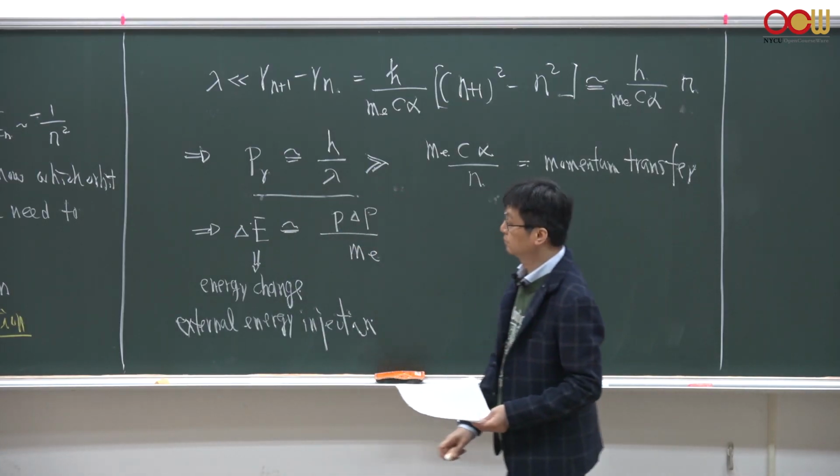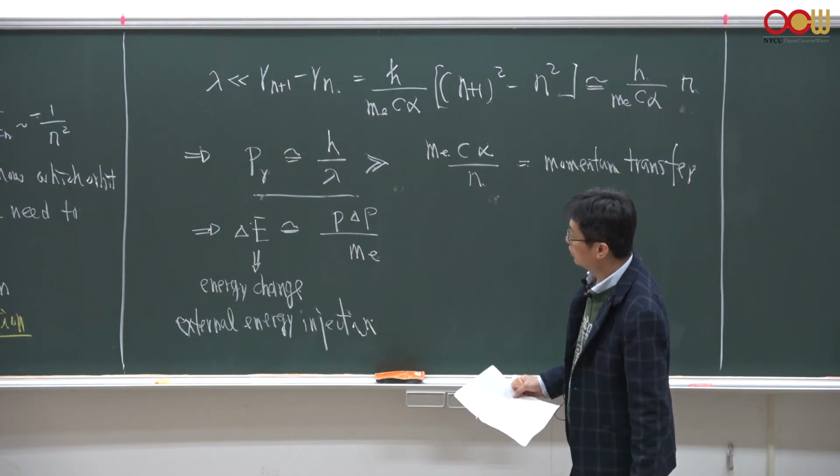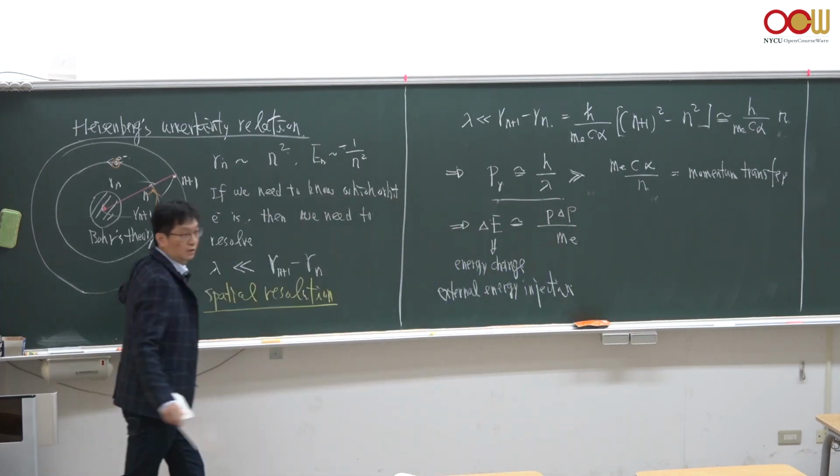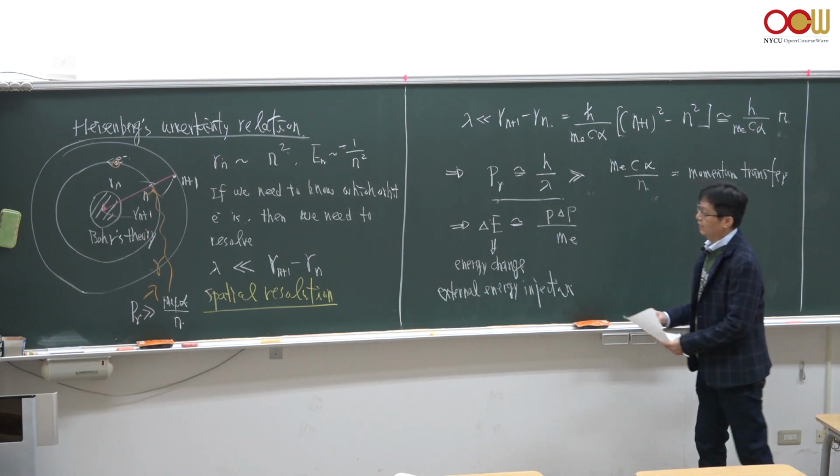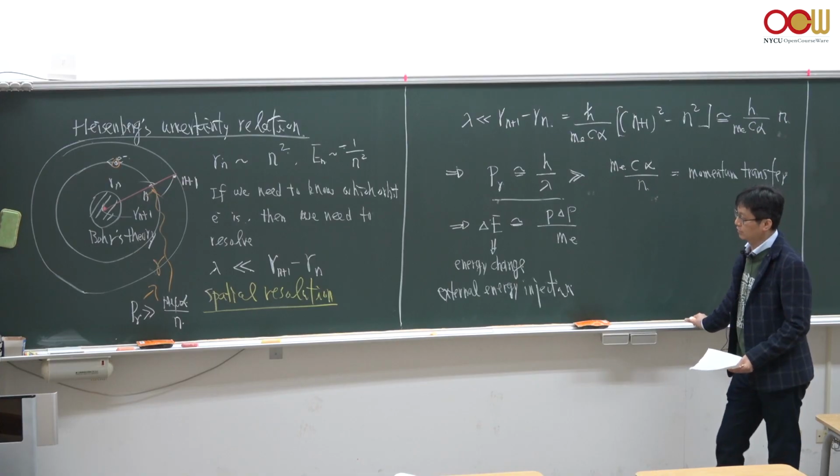So delta E is the energy change that is due to the introduction of the photon beam. Okay, so this energy is the extra energy that hit these electrons accompanied by this photon beam.